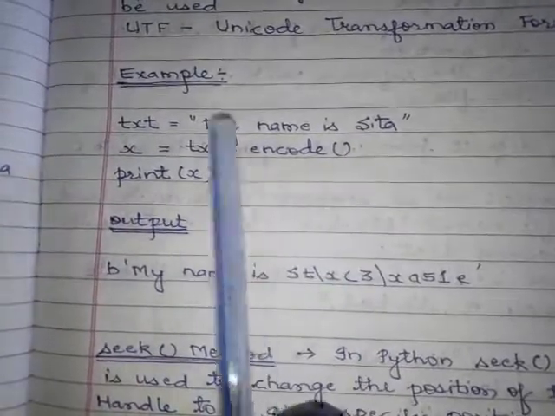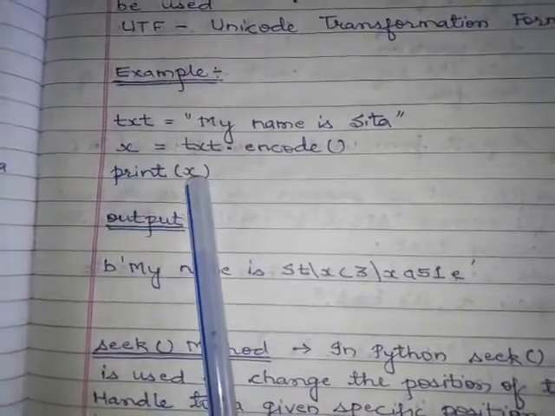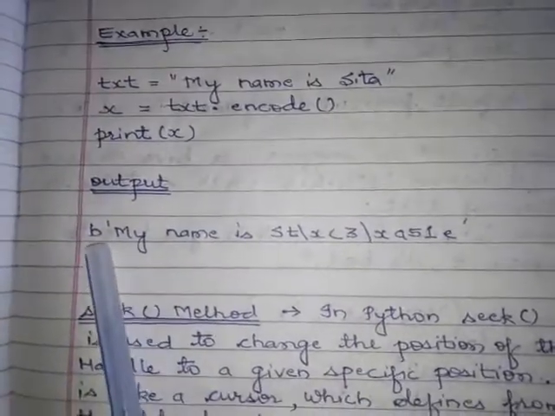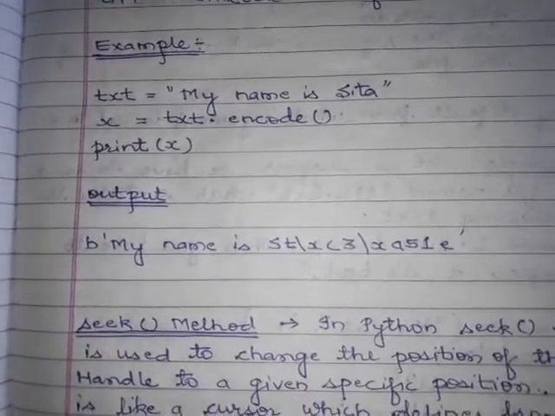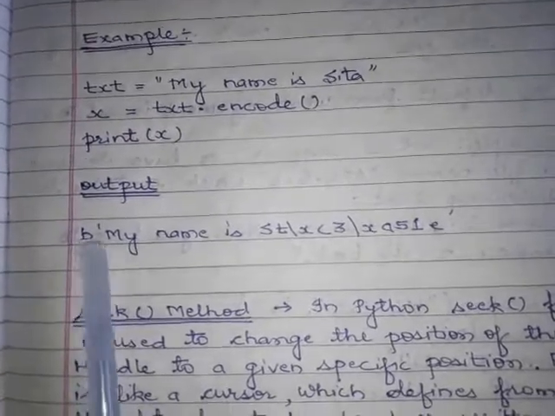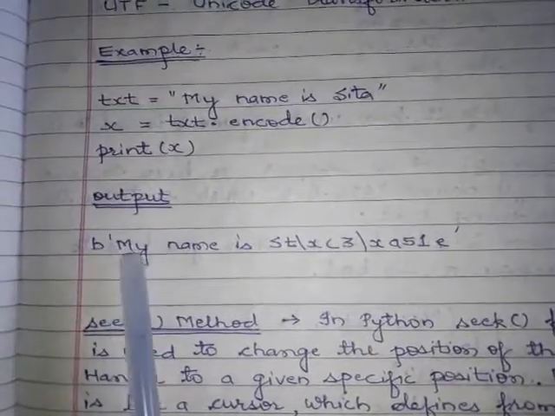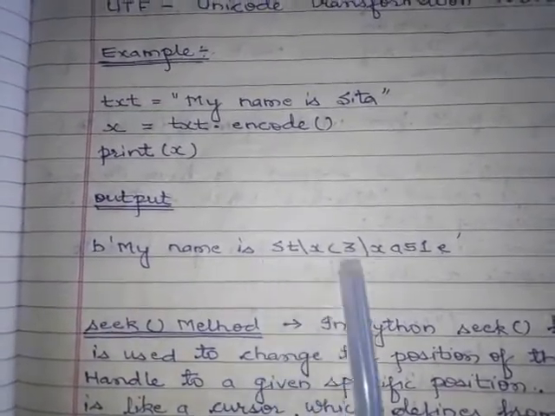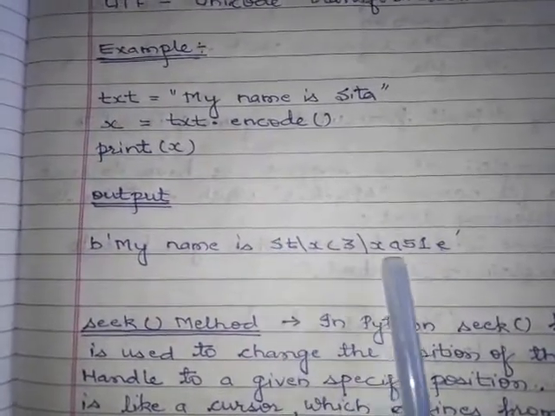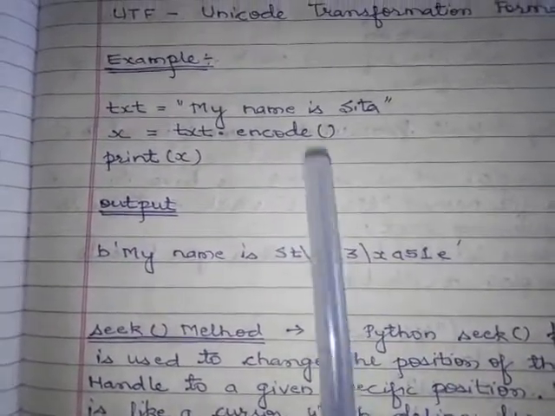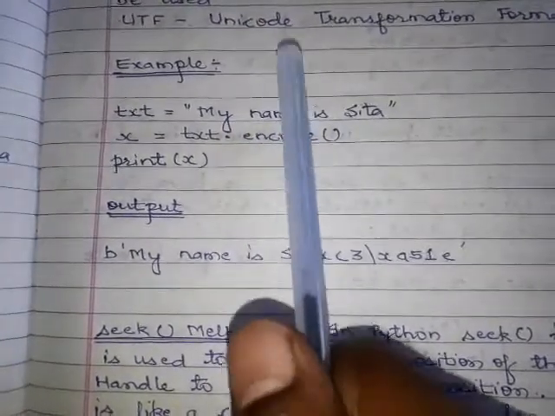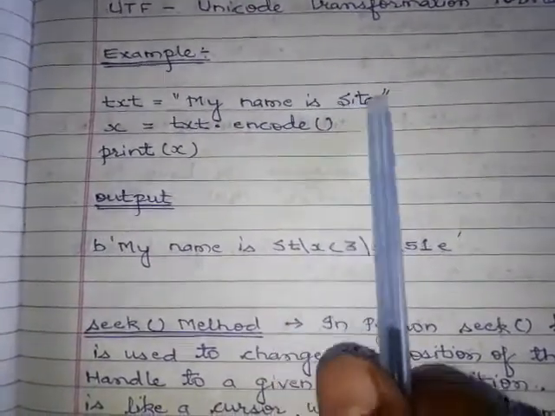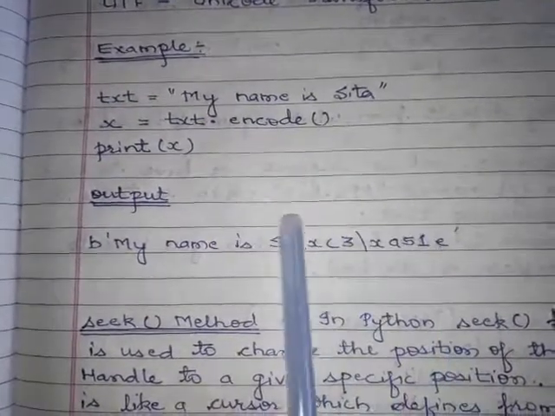The encoded text is stored in variable x, and when you print x, the output will be something like this. b is for byte form, or you can say binary. In "my name is", these characters are not converted by the encoding technique, but the other characters are converted.